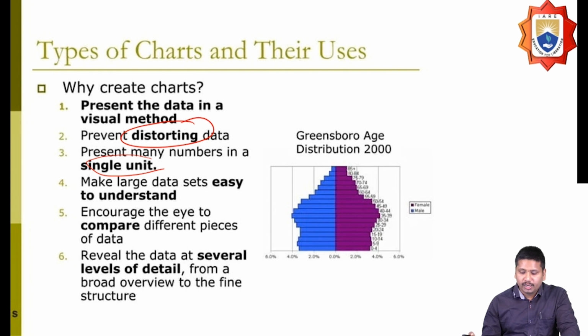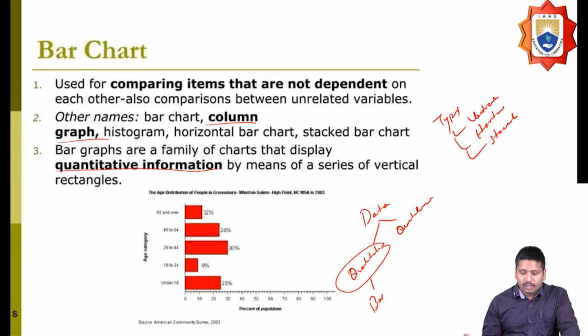Normally, for data visualization we should prevent distorting data, and we should also show large data sets so they are easily understood. We can also make comparisons very clearly, and reveal several levels of detail of the data. In that, the first thing is the bar chart.